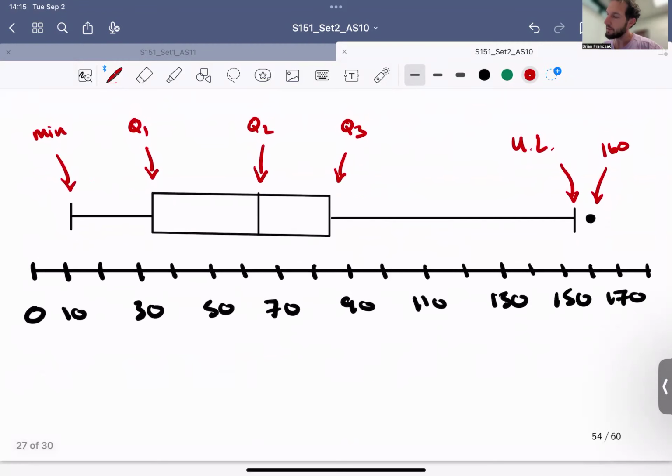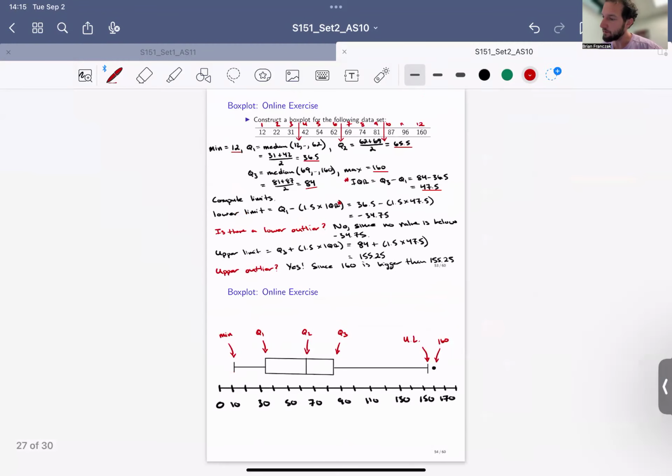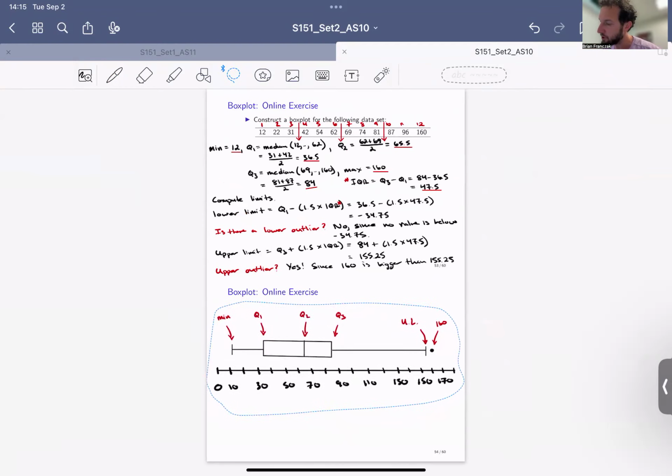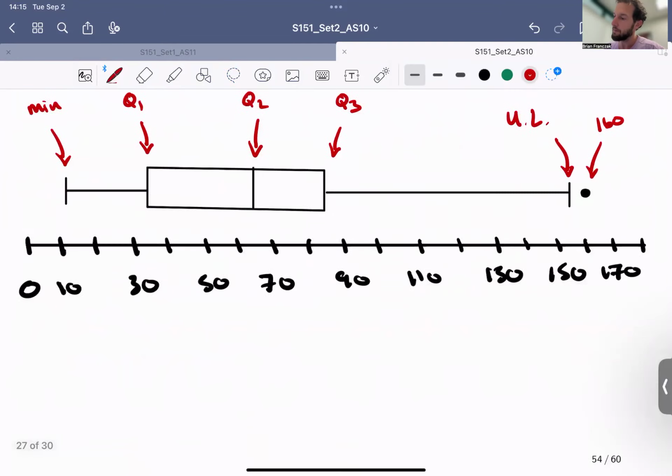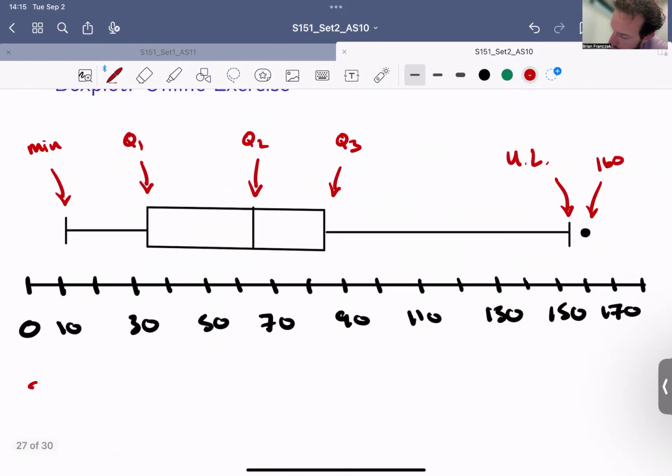Now, the last thing that I want to go over just before I end the video is a quick discussion on shape. We've talked a lot about shape throughout the lecture set. Now, here, what is the shape of the box plot?